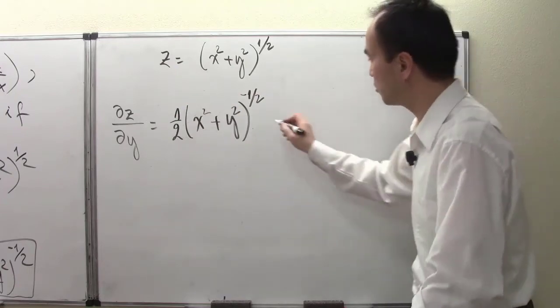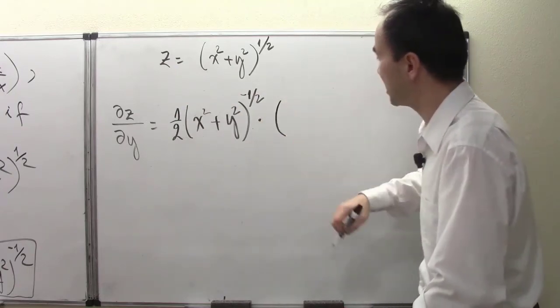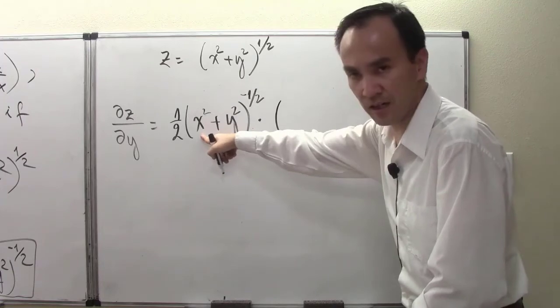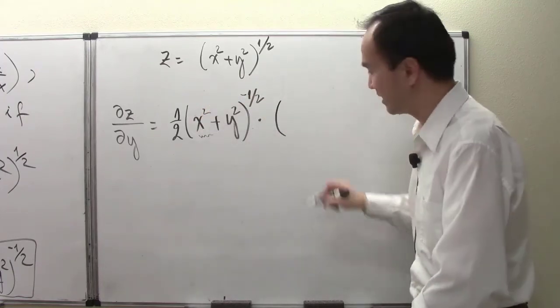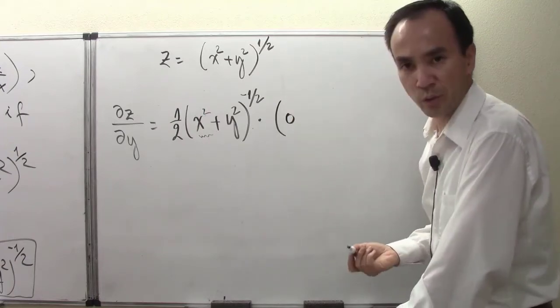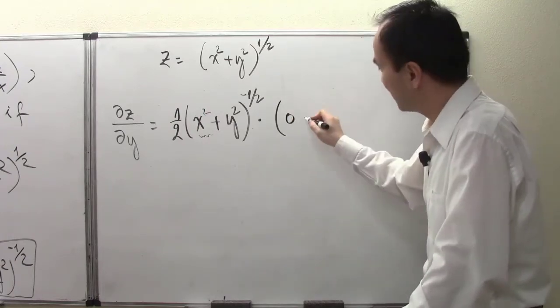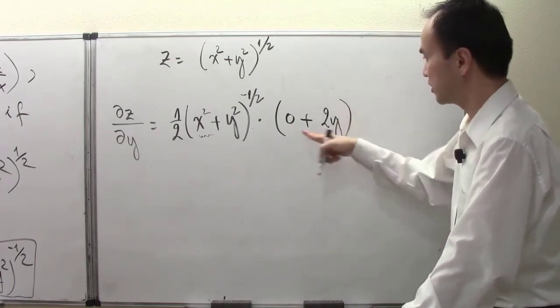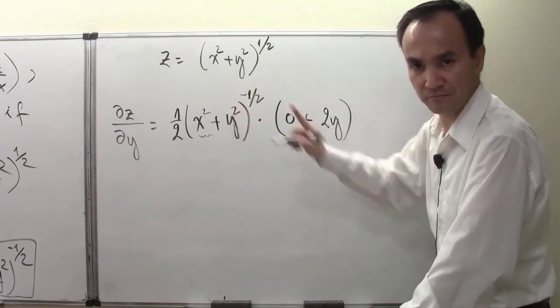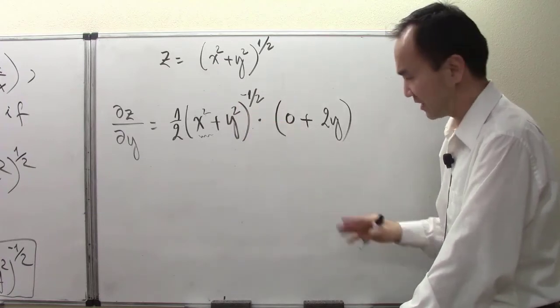And now I'm going to multiply by the derivative of the inside. The first term has no y, which means it's a constant term, so it becomes 0 when taking the derivative in terms of y. Then I'm going to add 2y, because this term is clearly a term in terms of y.